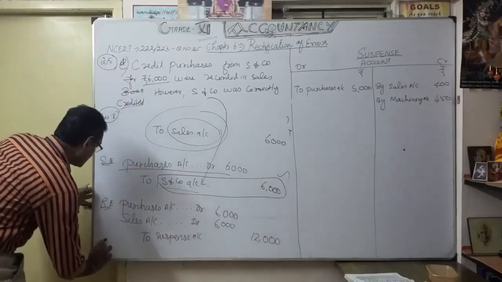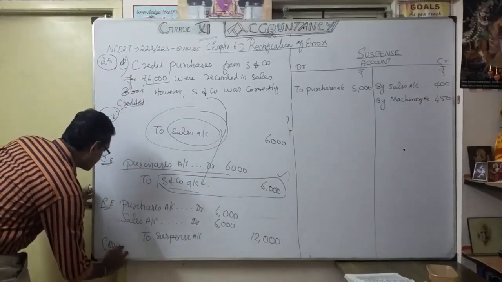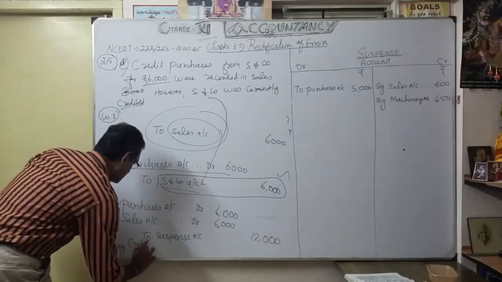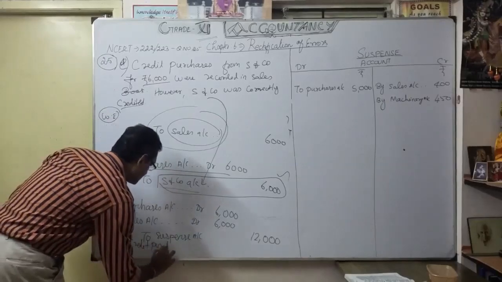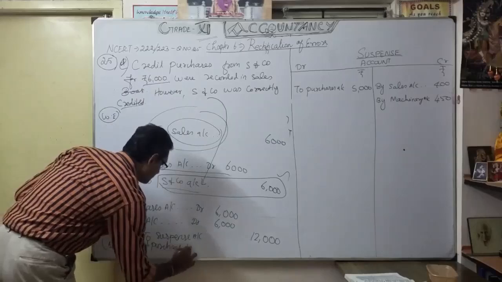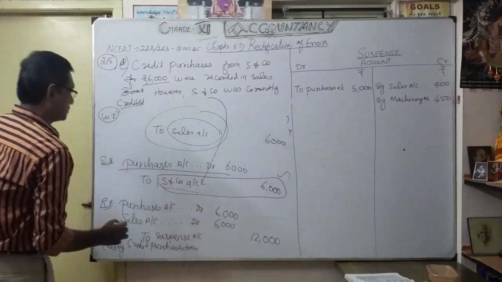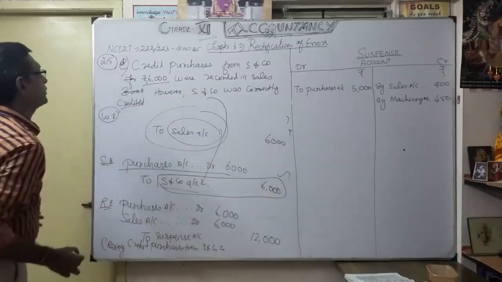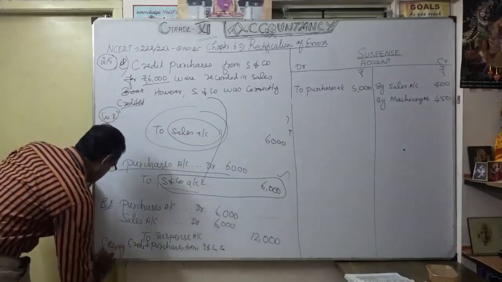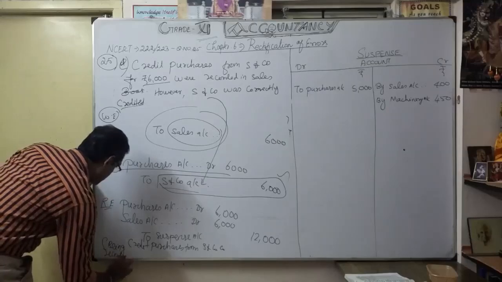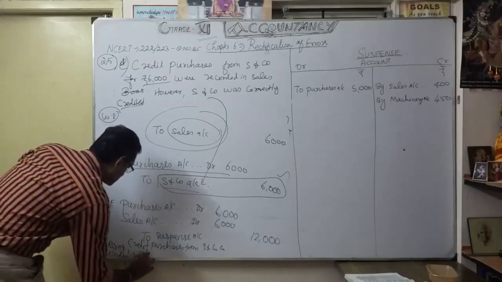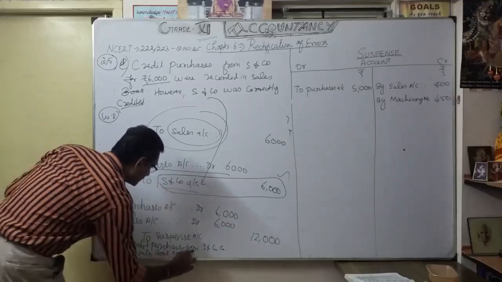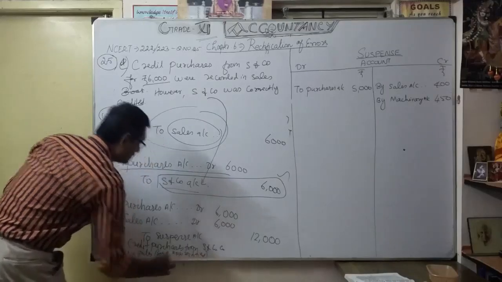Now what is the narration? Write in the same manner: being credit purchases from S and Co recorded in sales book. Now understood?